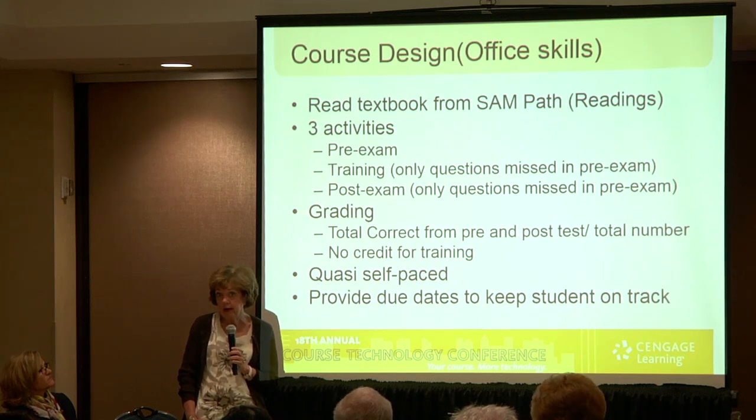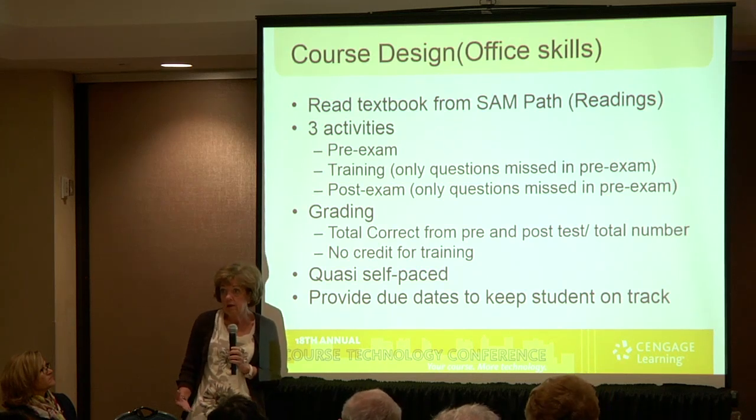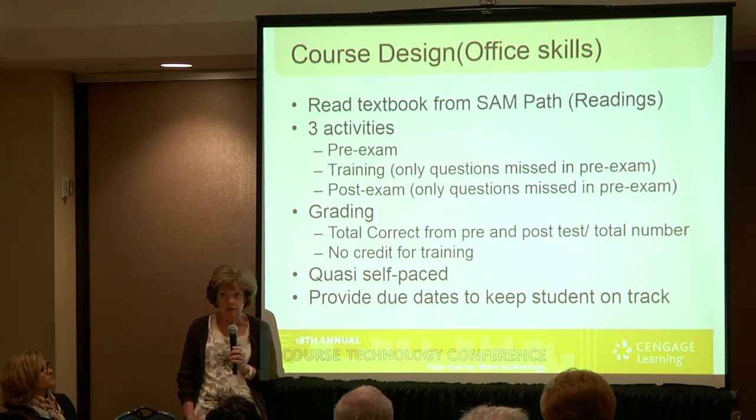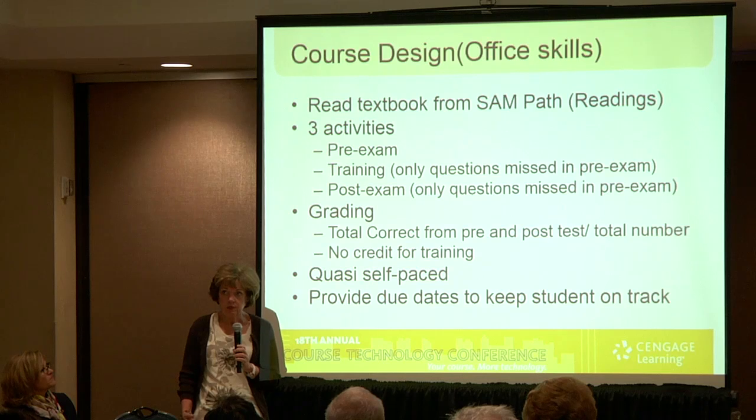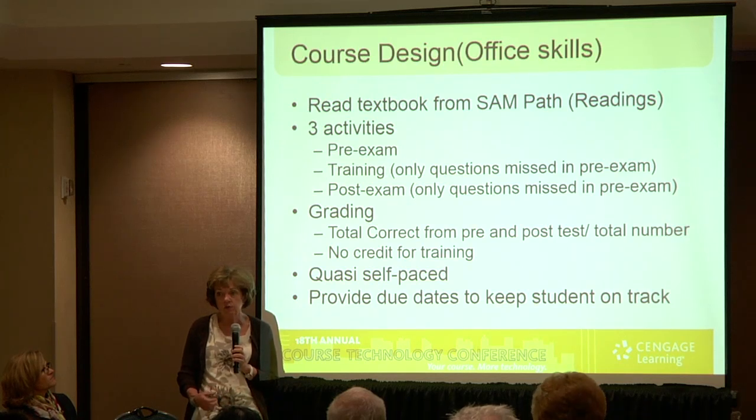That way they are able to move at their own pace, and they don't have to do repetition and do coursework that they really probably don't need. It's recognizing the fact that they do come to us with a variety of skills. However, if they miss questions on the pretest, then they go into the SAM training. And we use SAM training only on those questions that they missed.